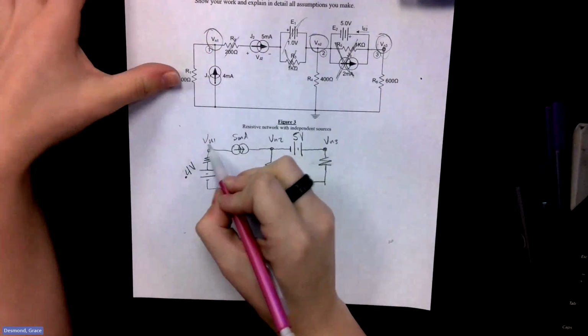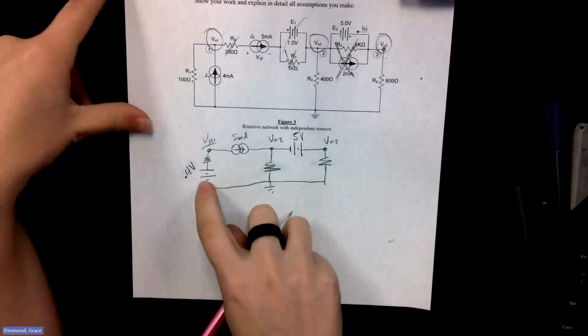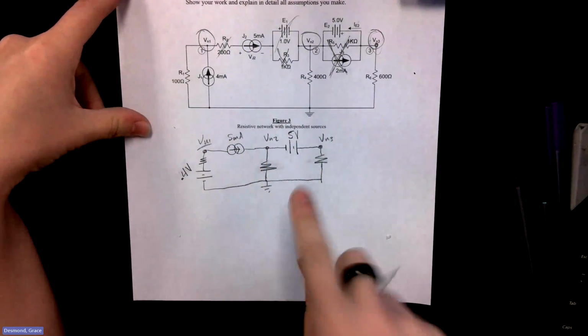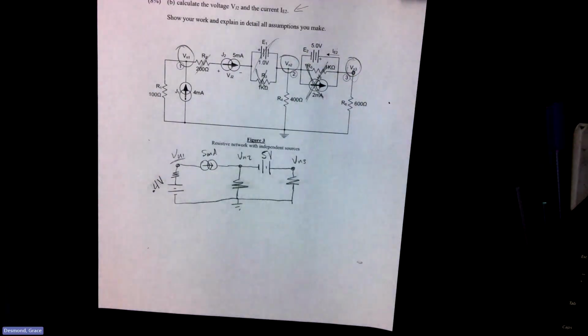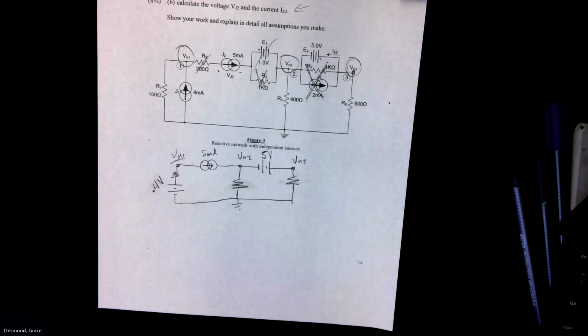So this with VN1 preserved is the reduced network. So that is the first part. Now, VN1, VN2, and VN3. What is the easiest one to do?